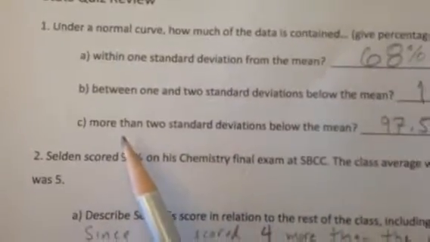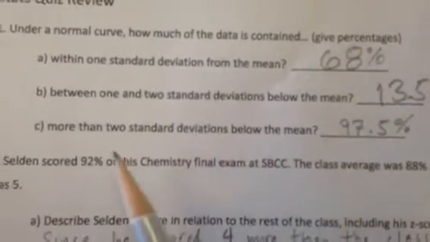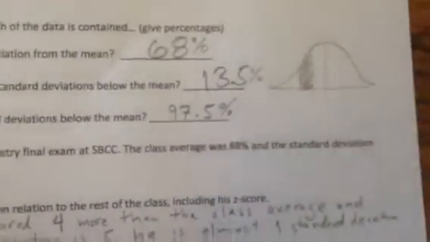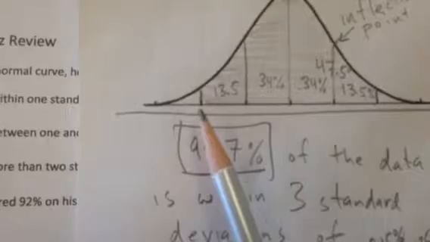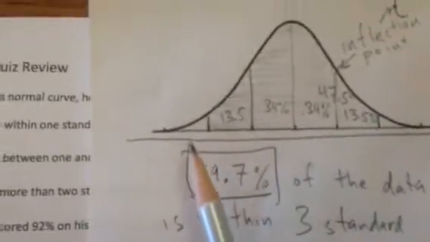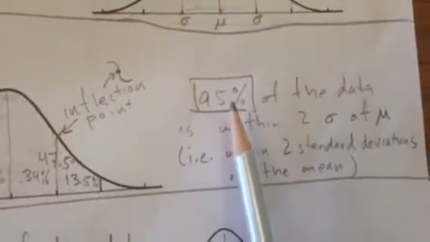Okay, and then the last one, more than, that is above, 2 standard deviations below the mean. That one's kind of confusing. I probably could have figured out a better way to phrase that. But what I meant was, if you look at a normal curve, 2 standard deviations below the mean is right there. And how much of the data is above that? Well, within 2 standard deviations of the mean is 95% of the data.